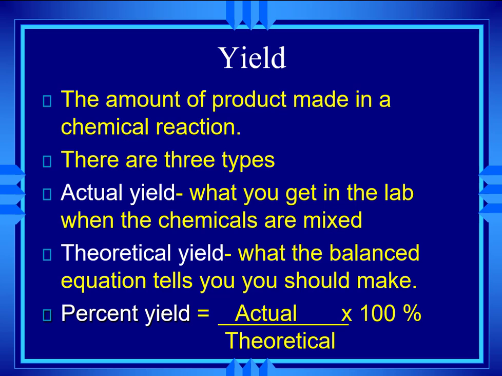Okay? And the third kind of yield is a comparison of those two kinds of yields. It's actual yield divided by theoretical yield times 100%. You do this calculation all the time. Because you use actual, theoretical, and percent yield every time I hand back a test.